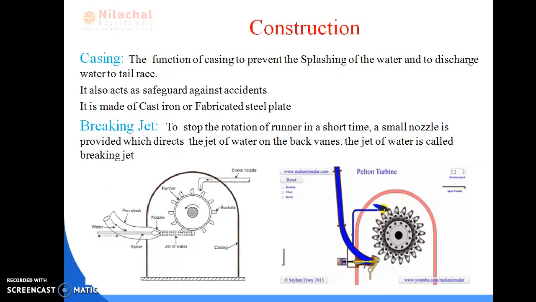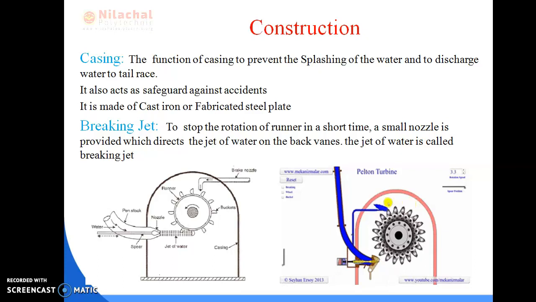Casing is nothing but the arrangement provided for the turbine unit which surrounds the turbine unit. The water which is obtained from the nozzle will be striking upon the buckets of the turbine runner.